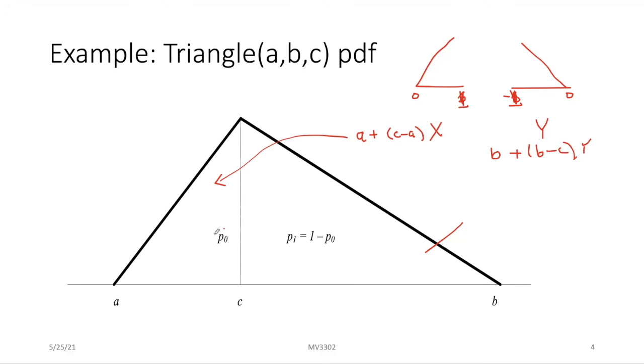Okay, so now all I need to do is figure out what these probabilities are. And actually, I just need to figure out what this probability is. And that's fairly straightforward.